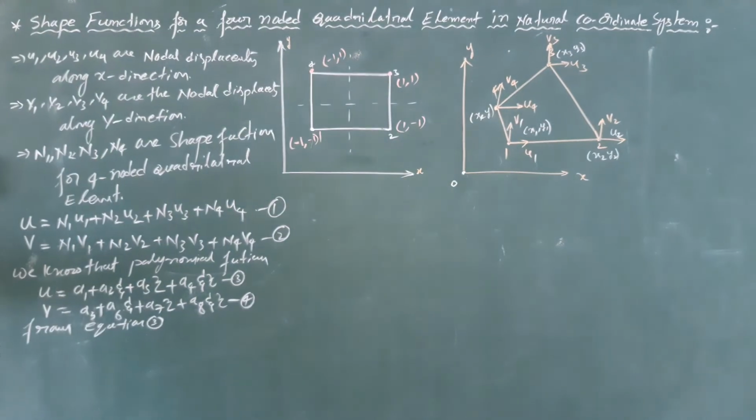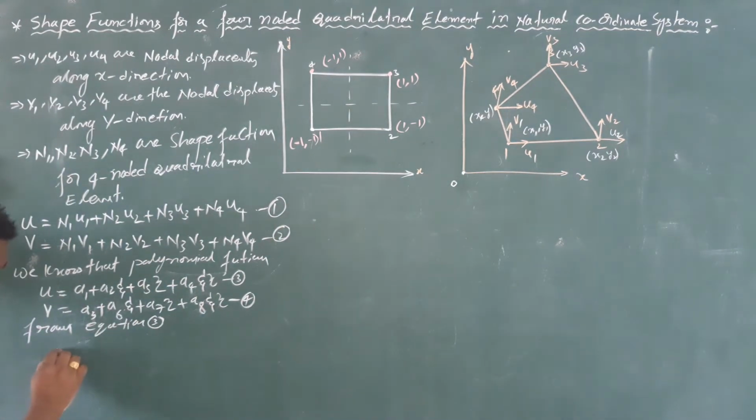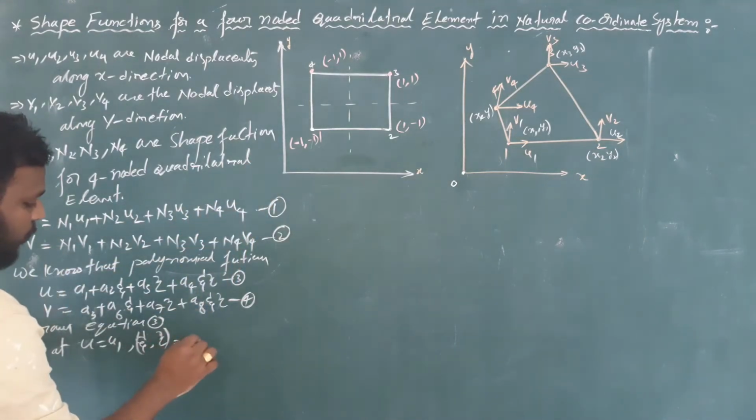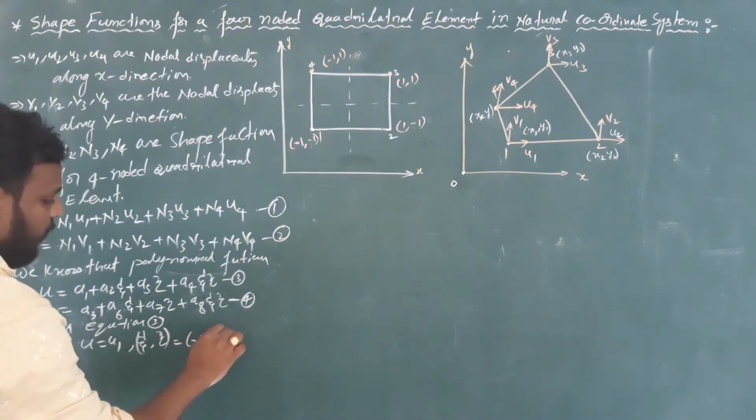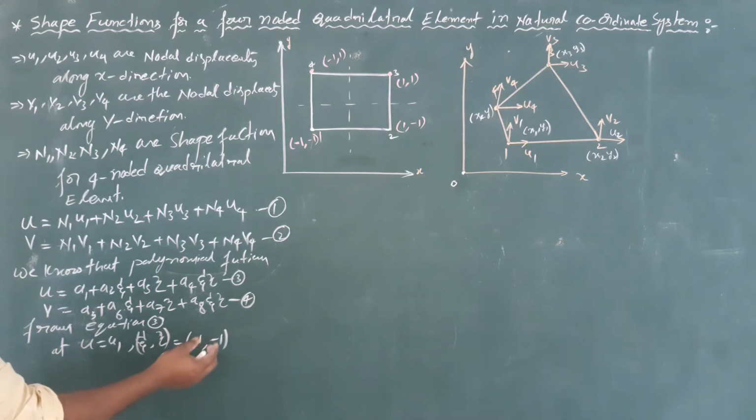Now at node 1, u is equal to u1, and ξ and η are -1 and -1. Substitute these values in equation number 3 and we can get u1.